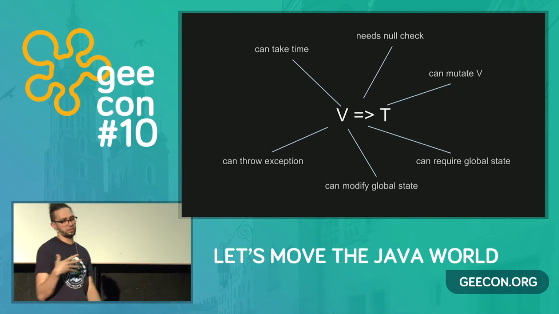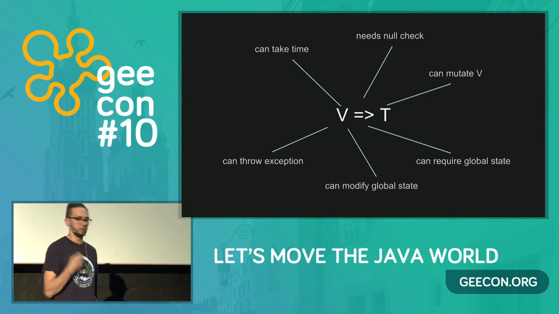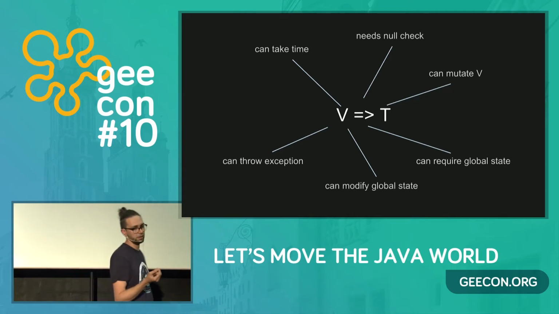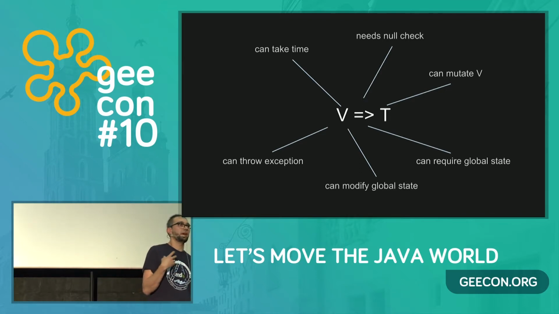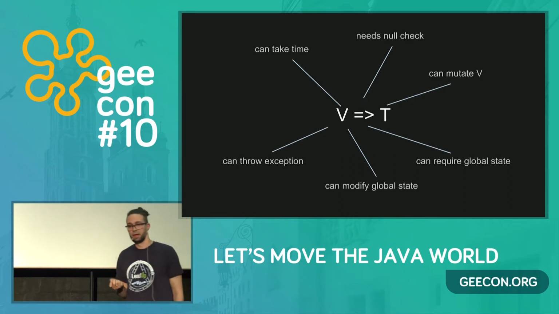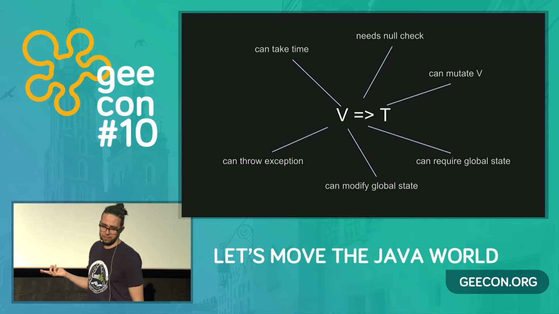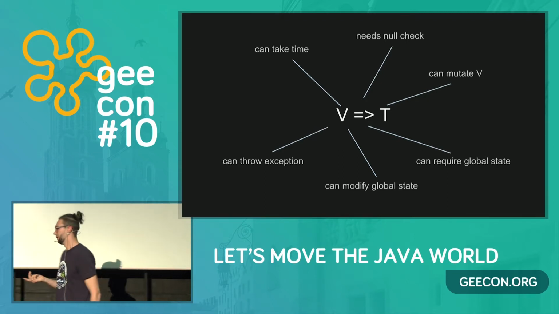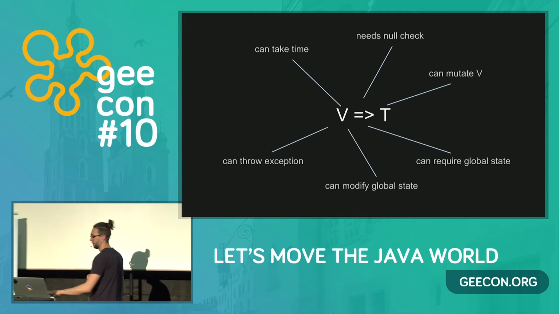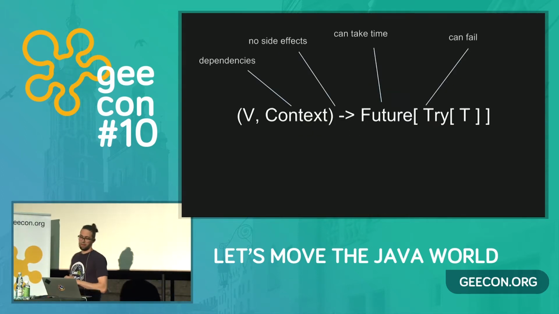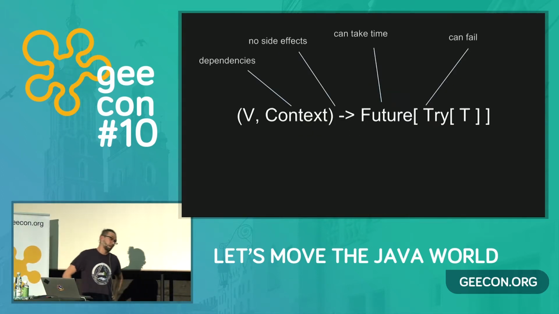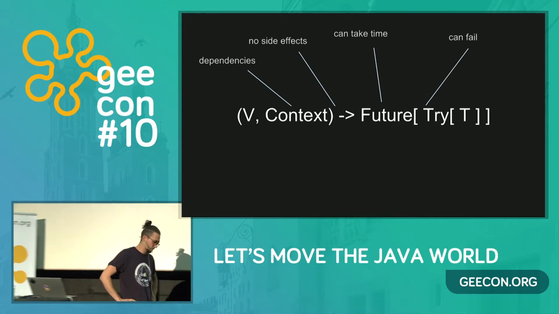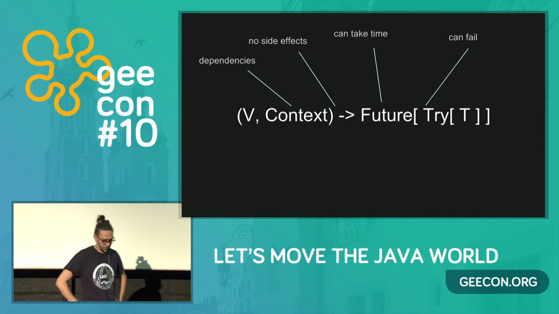We don't know if this function takes time or not. We don't know if we need to do a null check here. We don't know if it can mutate the input, or does it require global state, or can it throw an exception? Who knows?